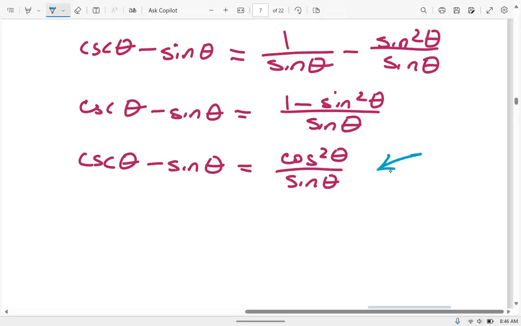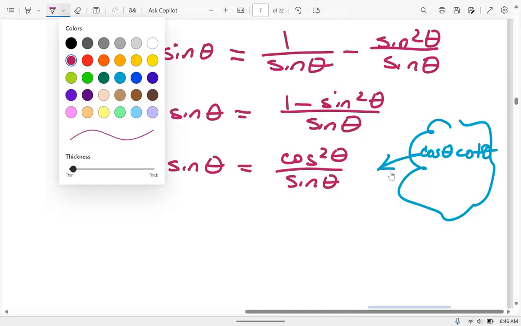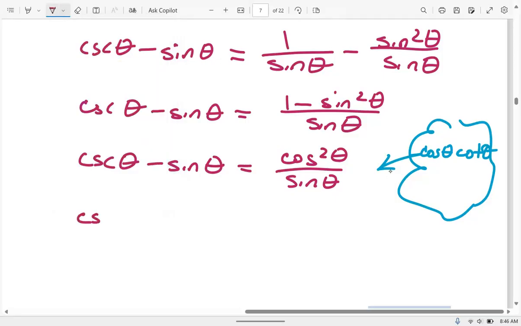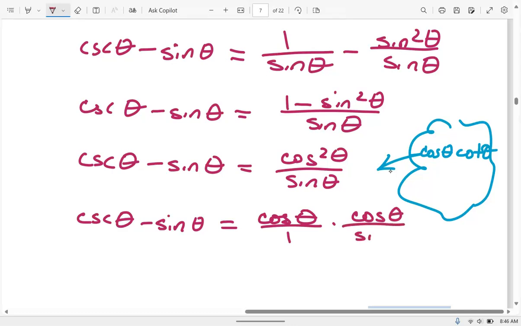Now let's remember what our target is. Our target is cosine of theta times the cotangent of theta. We're very nearly there. So I'm just going to recopy the left side of the equation. And on the right side of the equation, I'm just going to factor out that cosine of theta. So now we have cosine of theta over 1 times the cosine of theta over sine of theta.